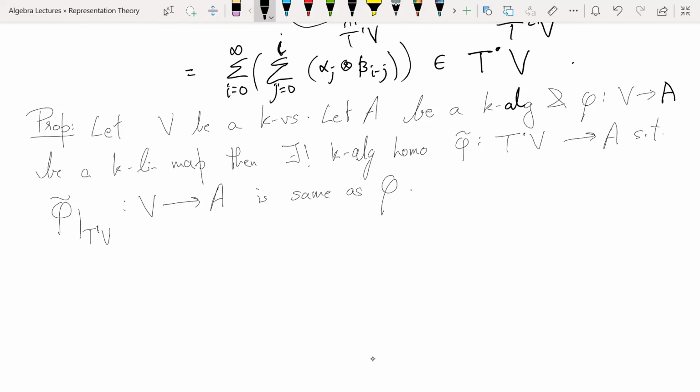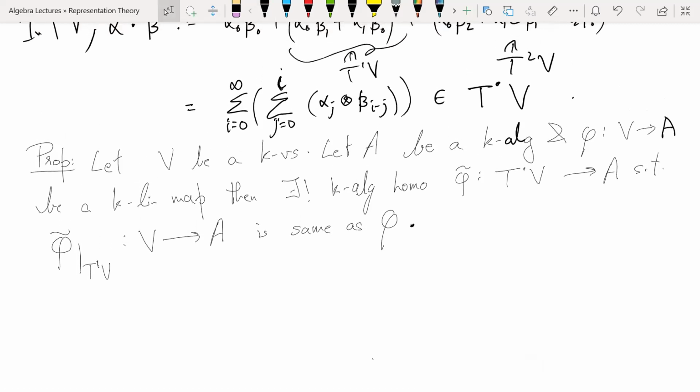So this is like a universal property. Given any K algebra and any K linear map from V to A, you can get an algebra map from T dot V to A. Another alternative way of defining the tensor algebra would have been to say it's a K algebra T dot V together with a K linear map from V to T dot V, such that given a K algebra A and a linear map V to A, there exists a unique map from T dot V to A making this diagram commute, like we defined for the tensor product.